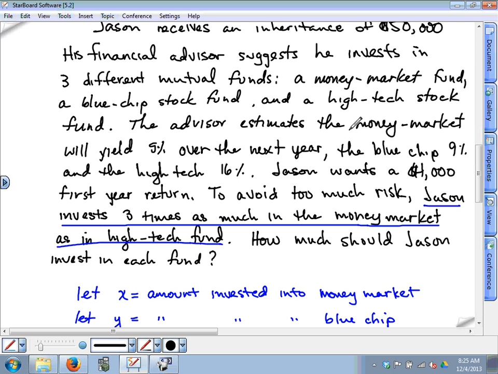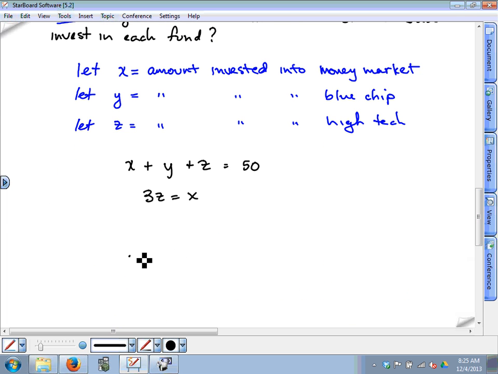Money market, where is it? Right here. Money market yields 5%, the blue chip is 9%, and the high tech is 16%. Can you do 0.05x plus 0.09y? Do the percentages for them and then set it equal to the return.